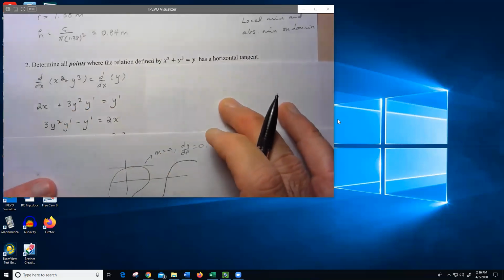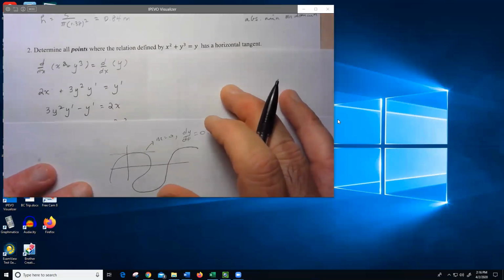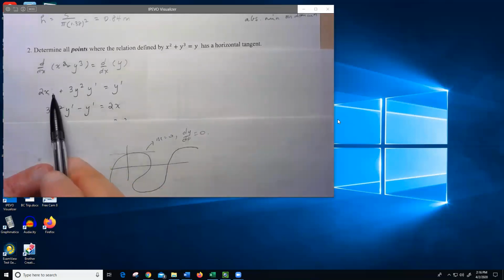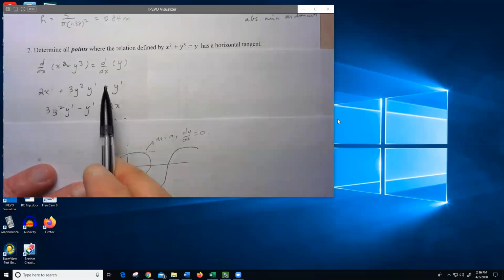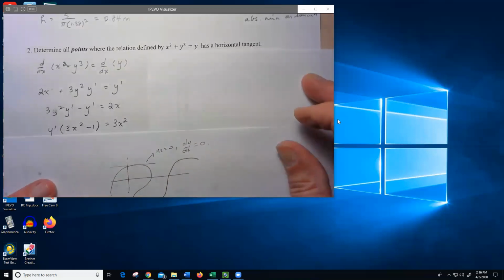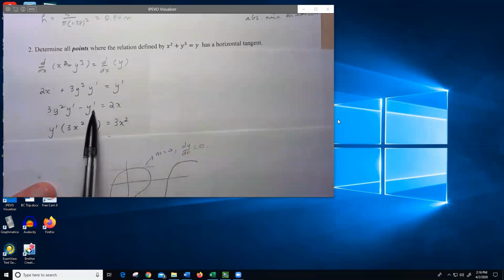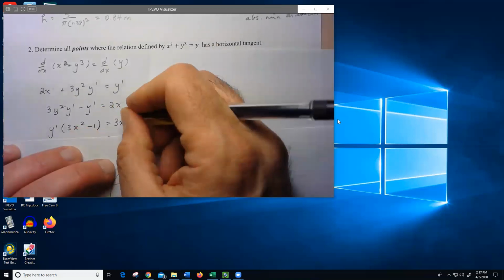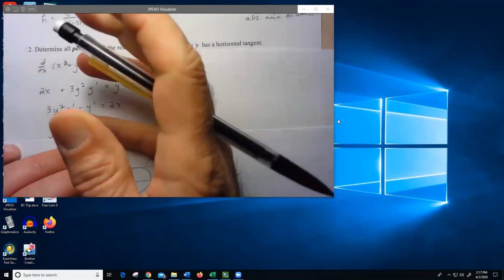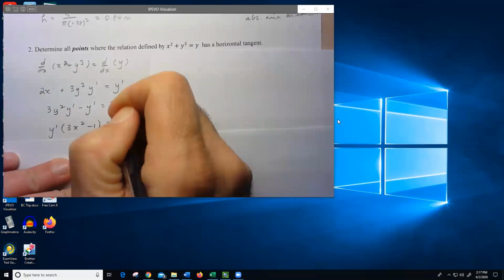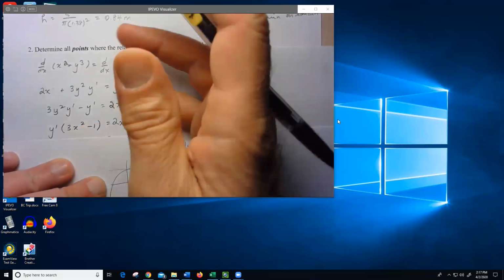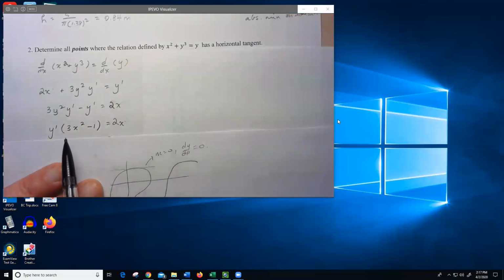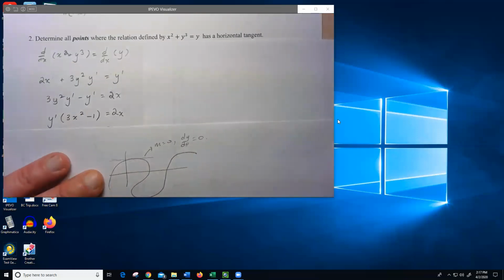So again, just to confirm what I did, I bring together all the terms with y prime, and anything that doesn't have y prime goes to the other side. I'm going to factor out the y prime here. Let's clean that up. And then now I can isolate for y prime.